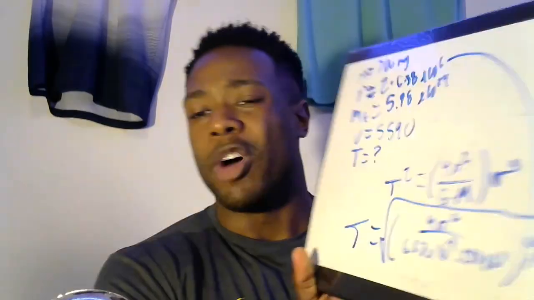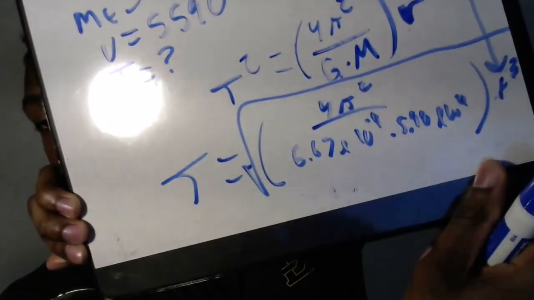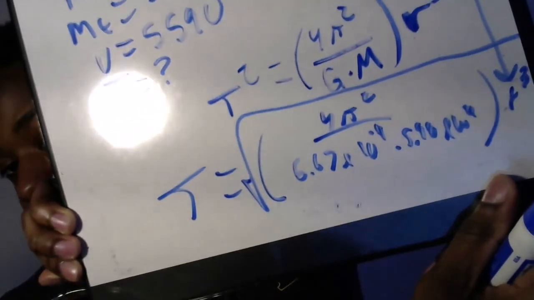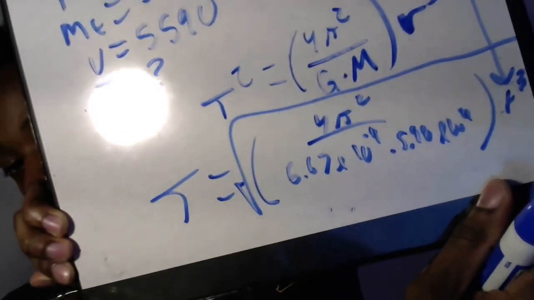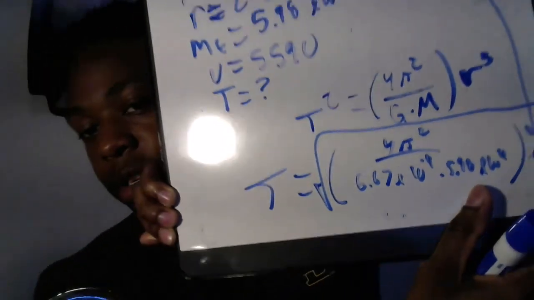And in one big ugly step, that's what we're looking at. But you got the idea. 4 pi squared over big G times big M times the radius cubed. We're going to take the square root of all of that. So not the most complicated as far as procedure. Just know what you're doing. Let's do a little math here, get our exact value. So let's get 1 second for that.